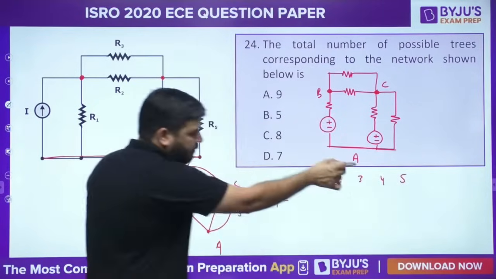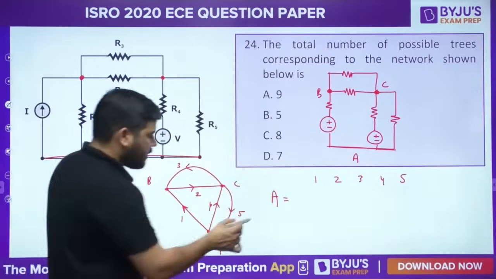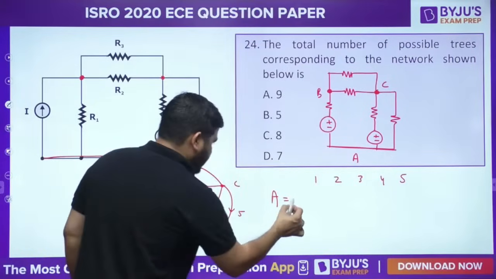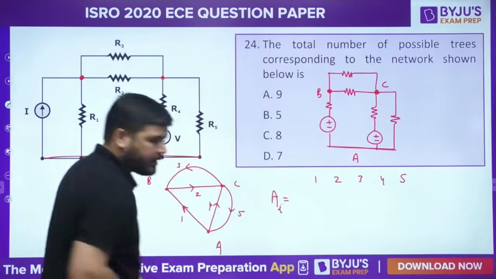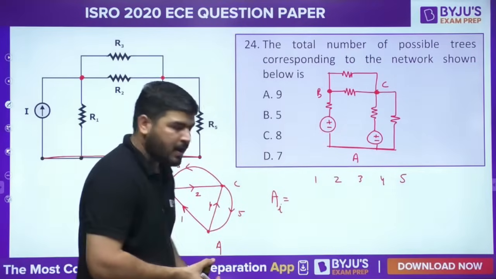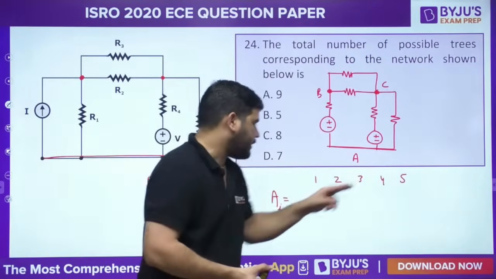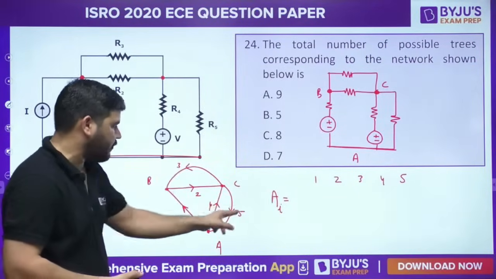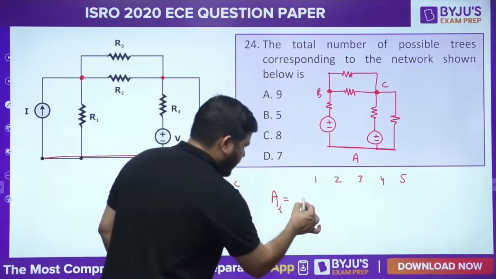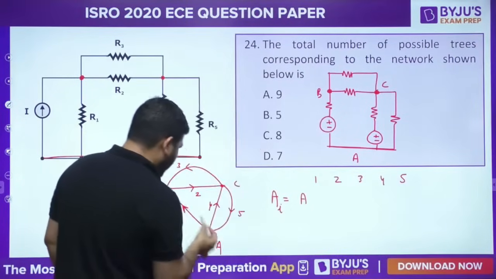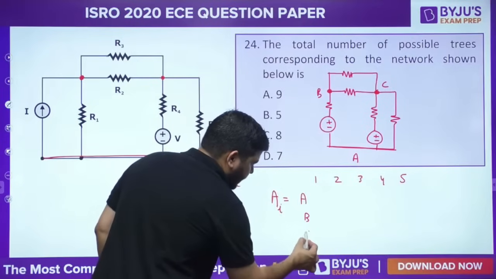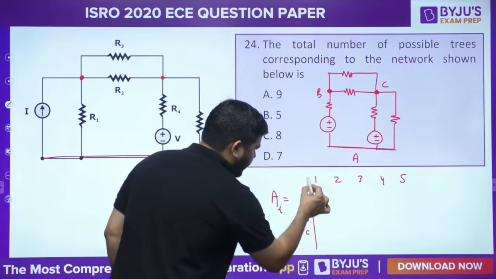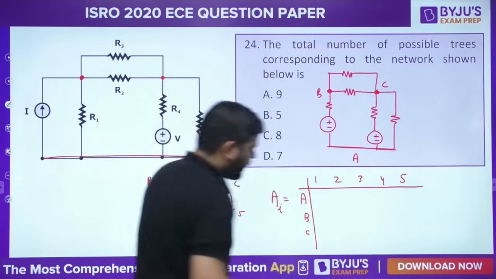The columns represent the branches, and the rows represent the node points. I am writing an incident matrix A. So I told you the columns represent these branches 1, 2, 3, 4, 5, and the rows will be represented by the nodes A, B, C. This is the way I need to write.